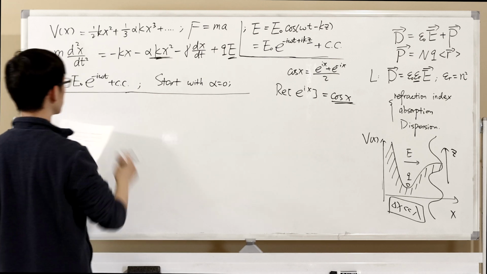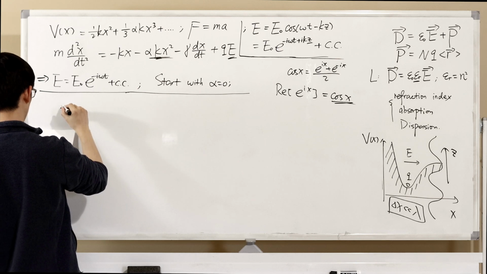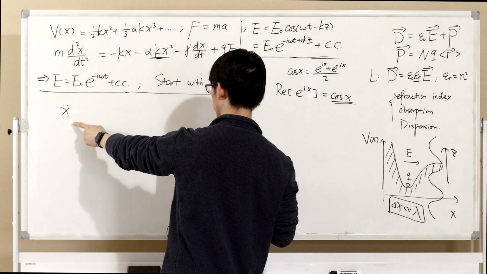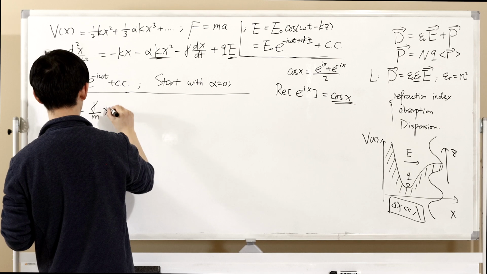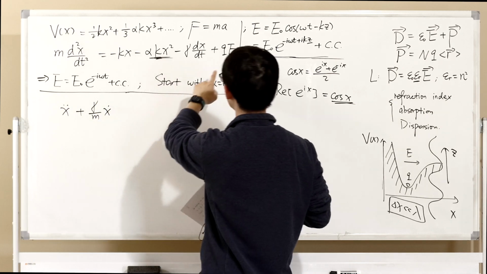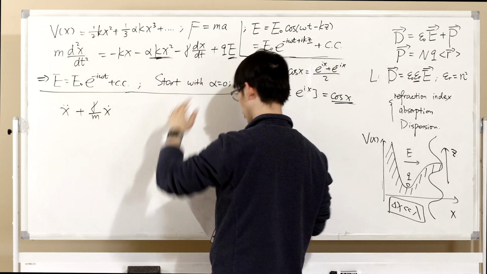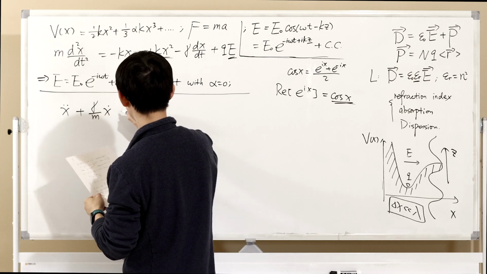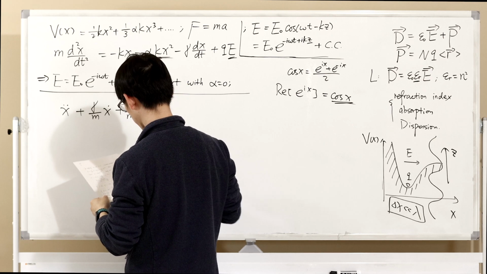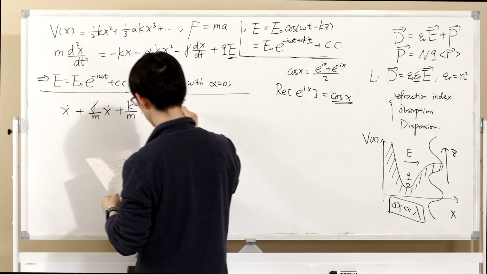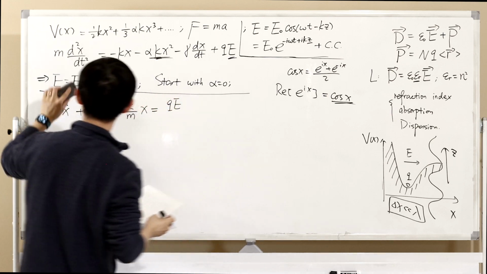Now the equation we can rewrite. The equation becomes x double dot, where two dots means time derivative twice, plus gamma x dot, where one dot is time derivative once, and then we divide by m on the left and right hand sides, and we get plus k divided by m times x equal to q E. Let's write this as E1.